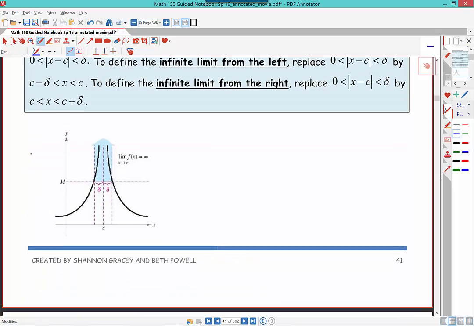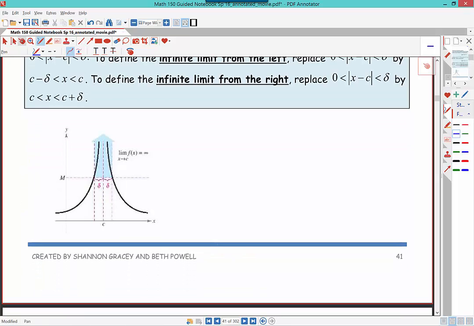So basically, if you look at this visual as your function from both the left and the right side of c right here goes up to positive infinity. And here's the delta here. So this right here would be c minus delta, and this would be c plus delta.